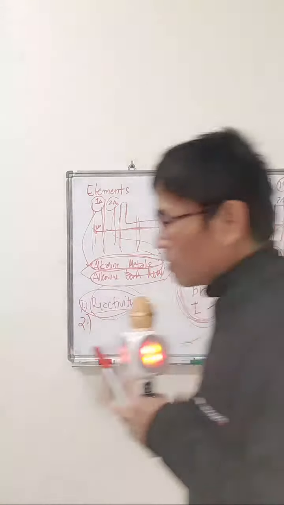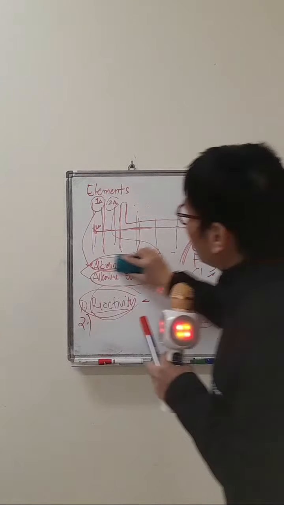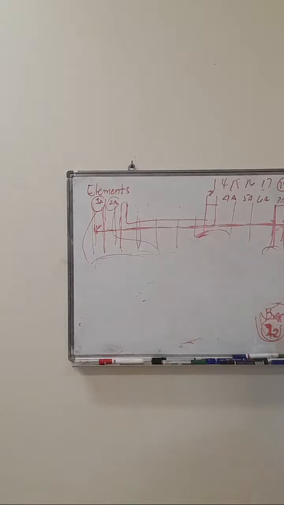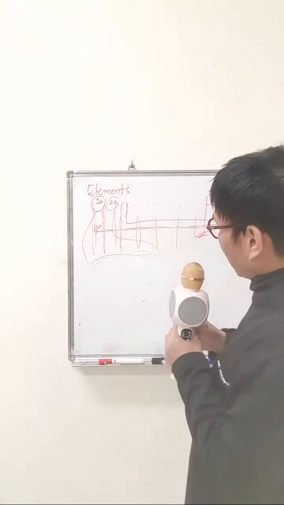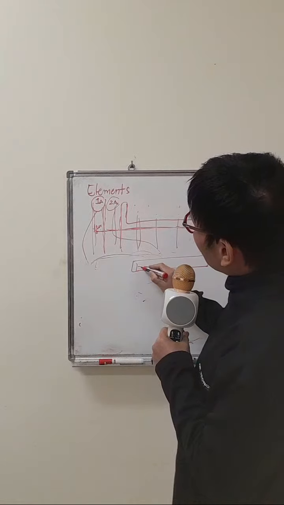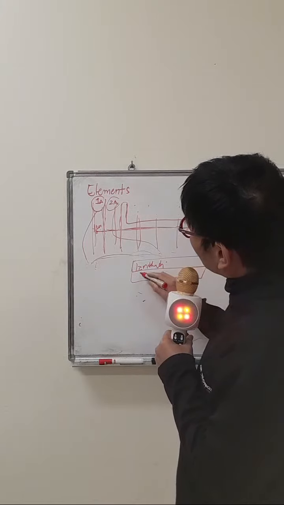So we cannot discuss the complexity of this periodic table. Now I will erase this one. Now, here at the last we have the lanthanide series and the actinide series.